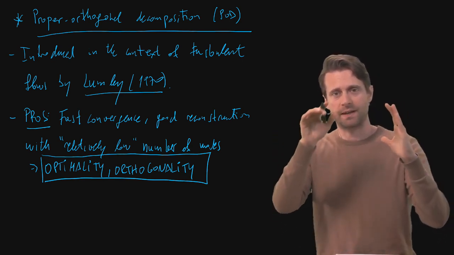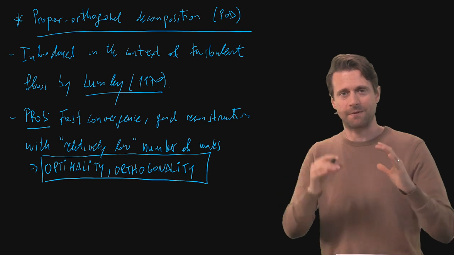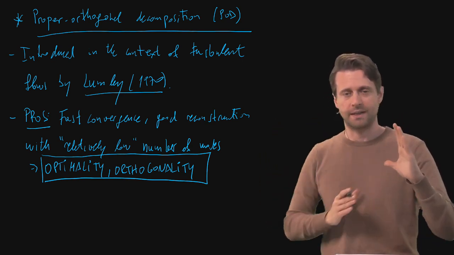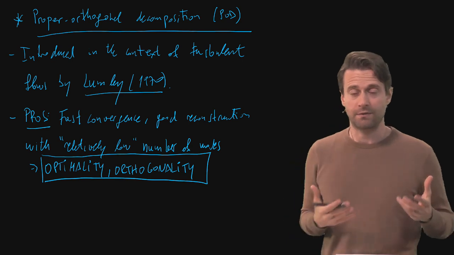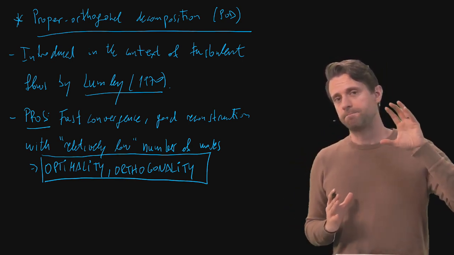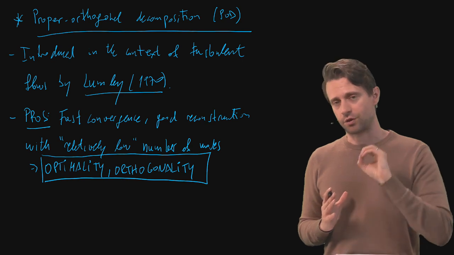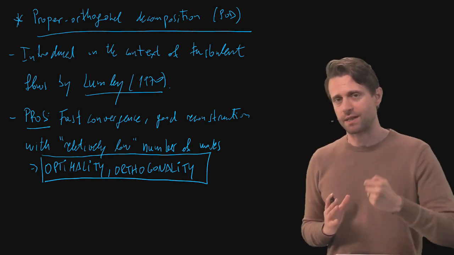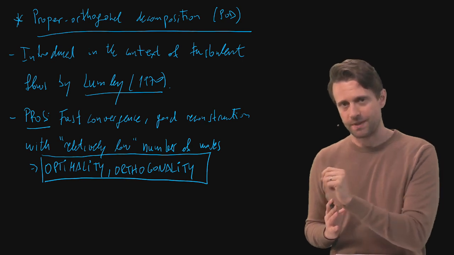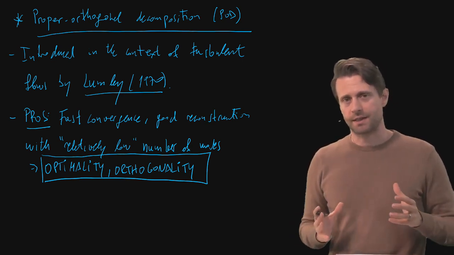And when we have an R, remember this R variable, which is the number of modes that you are keeping, the number of columns in the left singular vectors in the U matrix, for any R that you keep, for any number of modes that you retain, POD is the optimal linear reconstruction. Now, autoencoders, and we will talk about them.